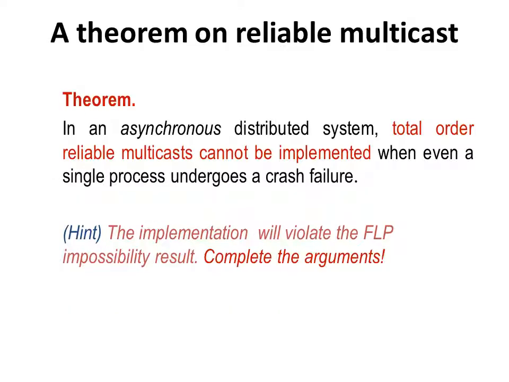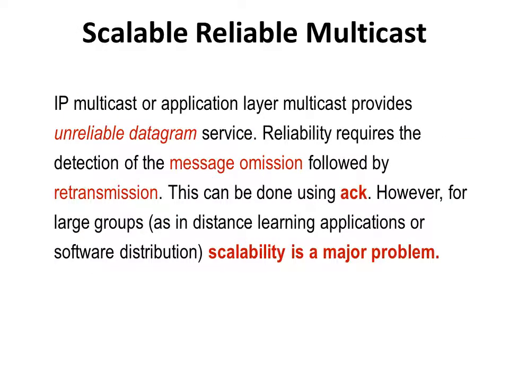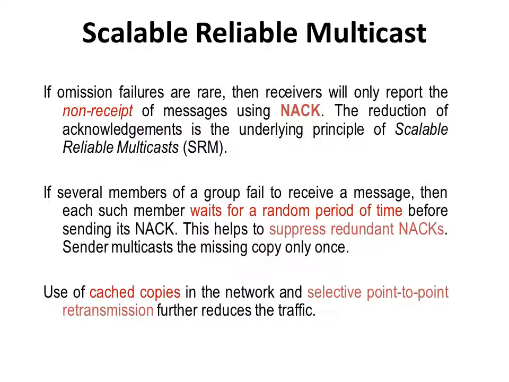All right, so moving forward, you don't need to remember these theorems, right? And so yes, you do need to know how to implement a scalable, reliable multicast. So we talked about three ways in which a multicast can be scalable as well as reliable.